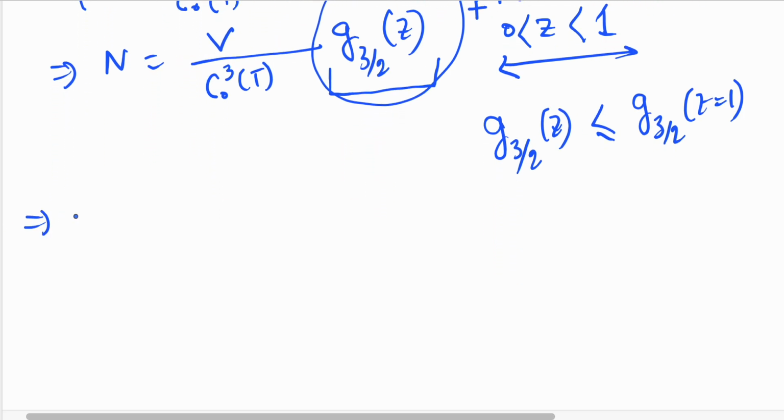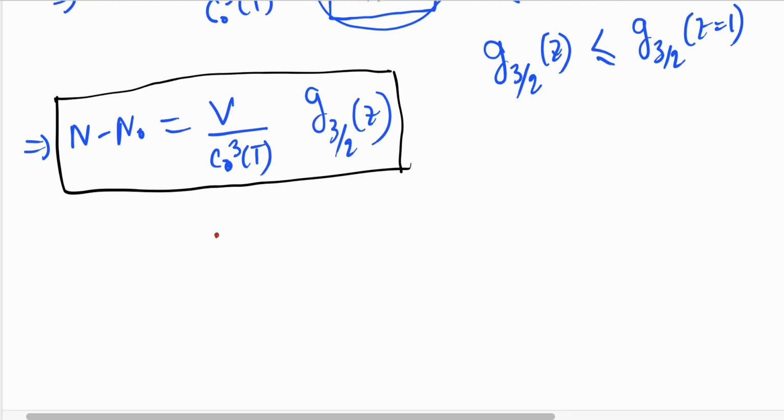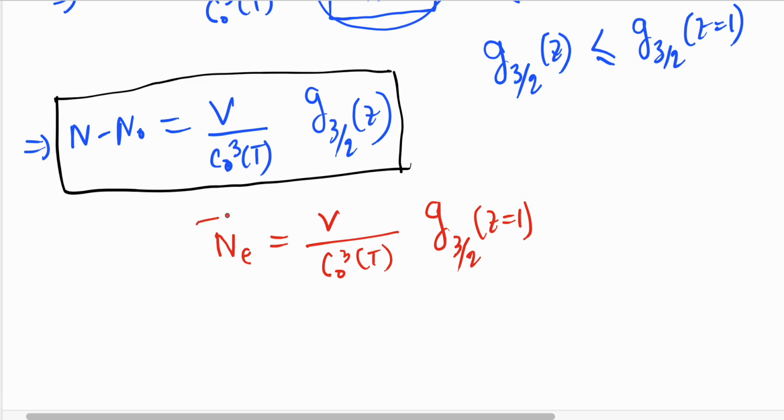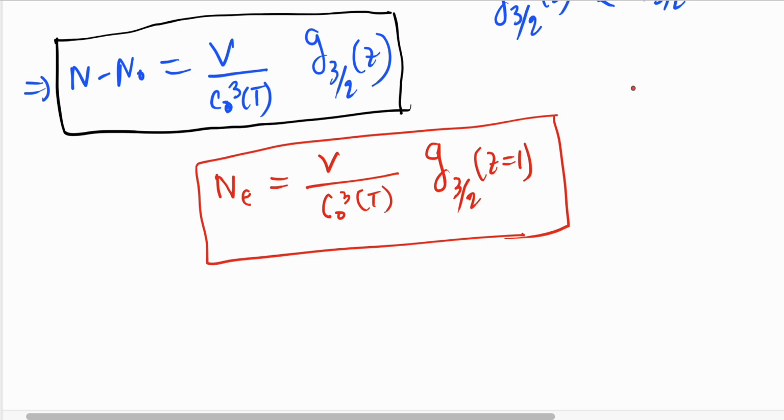Now suppose n minus n0 equals V by lambda cube, a function of T, times g 3 by 2 of z. Suppose you want to put in a volume V an n number of bosons which is greater than n critical.